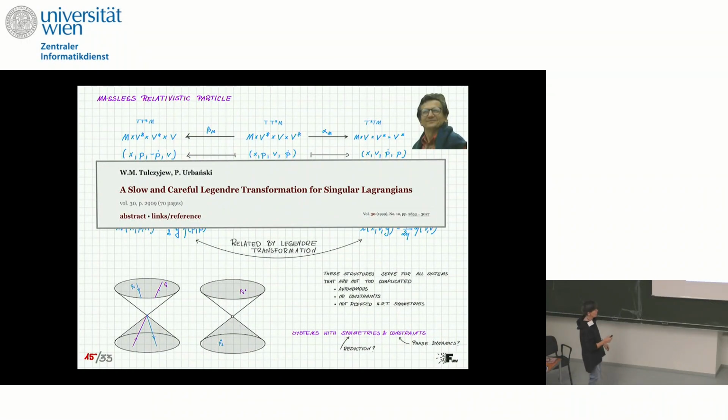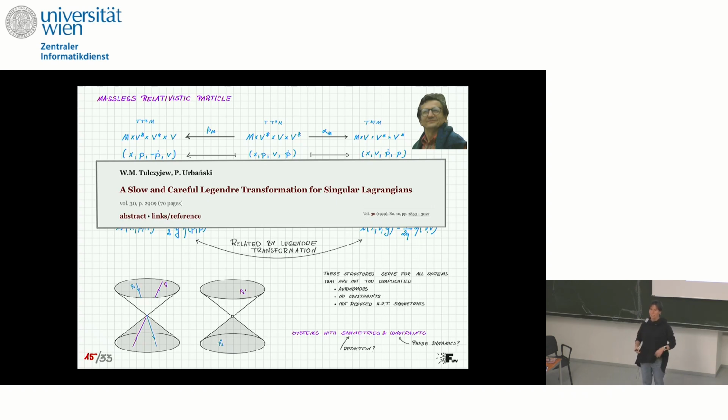There is still one slide. Sorry, I forgot. If you need more examples like that, you can consult a paper with the title Slow and Careful Legendre Transformation for Singular Lagrangian. The origin of this strange title comes from some discussions between Tulczyjew and Marsden.